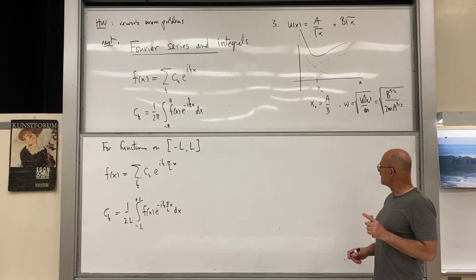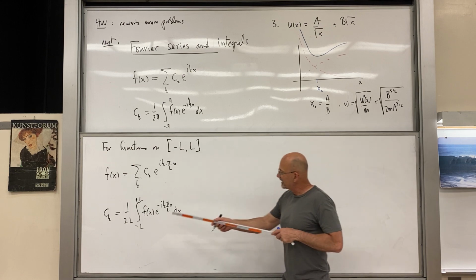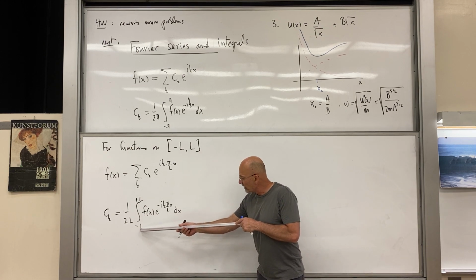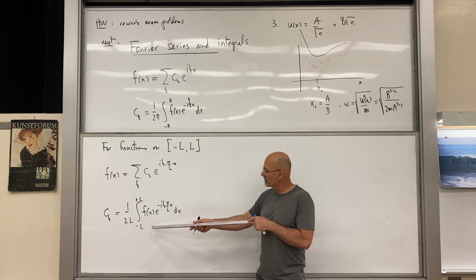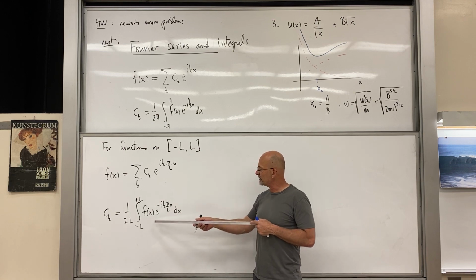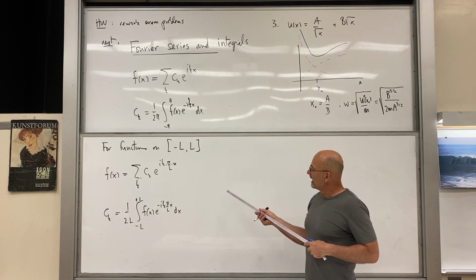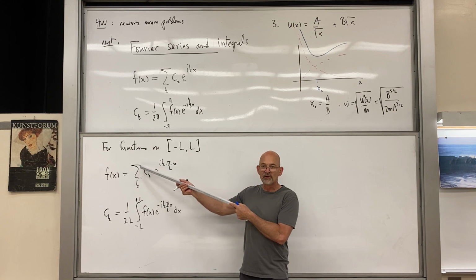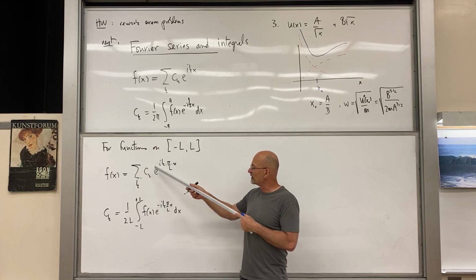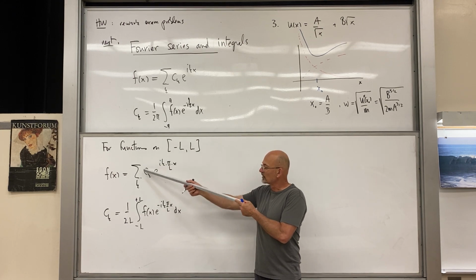Okay, so next, and I'll try to even fit it on this board right here, we want to extend L to infinity. So it'll be a function over the entire real axis. And when we do that, we're going to turn this sum into an integral. And the result will be very symmetric. Okay? This sum is just begging to be turned into an integral.